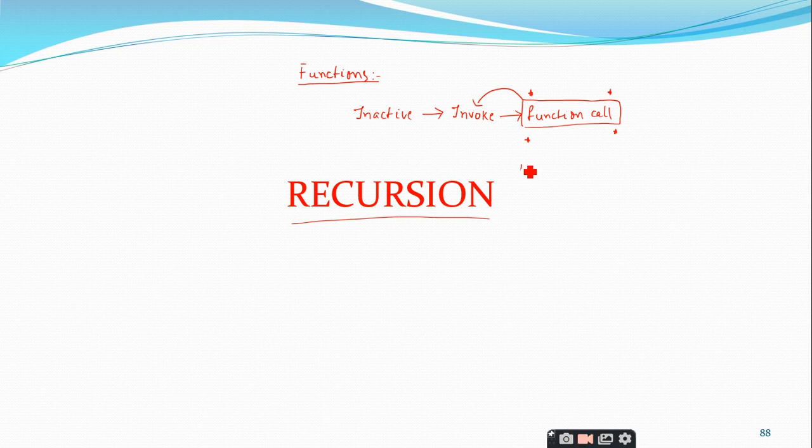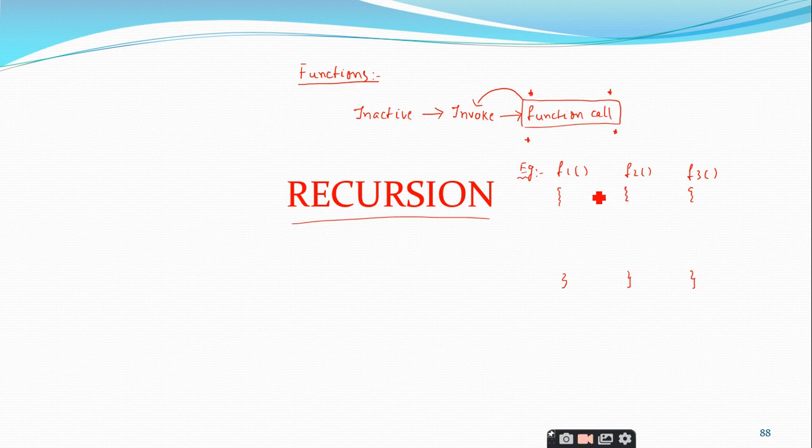For example, if my program consists of three functions, f1, f2 and f3, there is no limitation on the number of functions that you define in a program. I told you that you can have any number of functions. But for my example, let me take three functions, f1, f2 and f3.